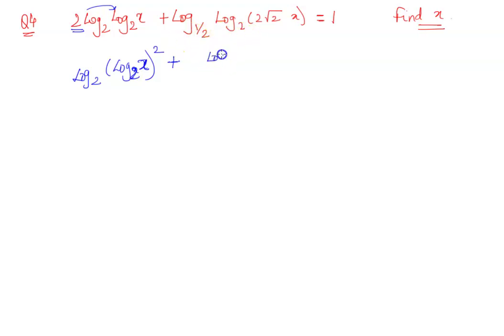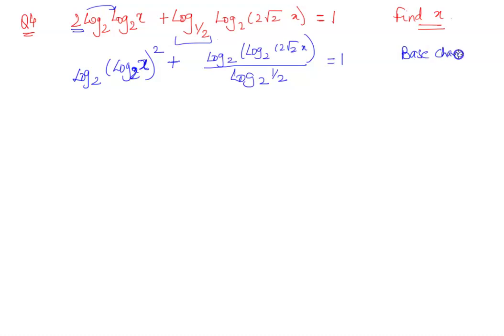So we can say this is log base 2 of 2 root 2x, right? And take this log down. So what we have now used is a base changing theorem. We have applied it to this log quantity.